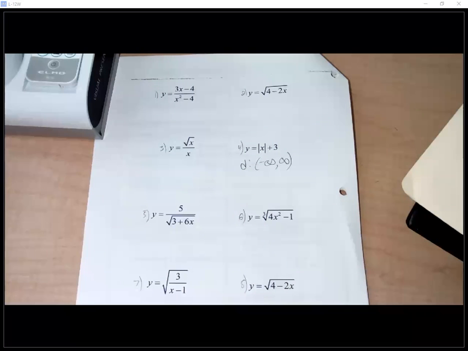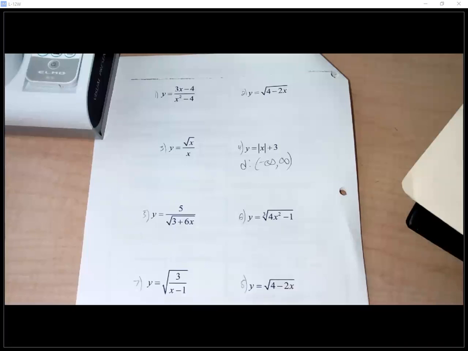Do you see any others after a quick scan that wouldn't have any issues at all? DJ, what was the one you were saying? 6. I agree with you. That's a cube root. So I actually don't care what's going on inside of there. Sometimes you have both issues, like number 7, and 5, where I have both issues happening.